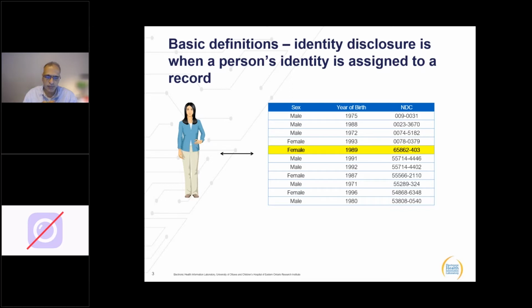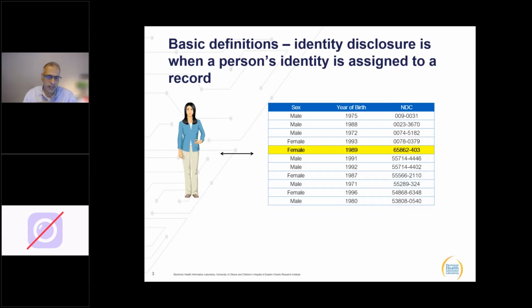And one of the privacy risks that we would want to manage is identity disclosure. Now, this is not the only privacy risk that we would want to manage. There are other types of privacy risks, but I will focus mainly on identity disclosure for the purposes of our presentation today.